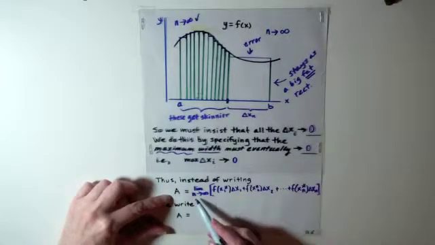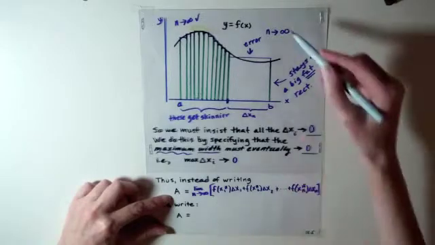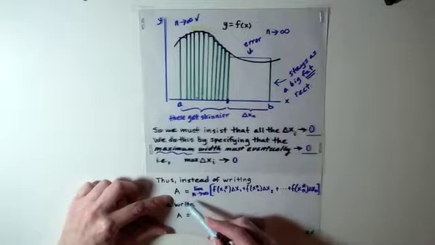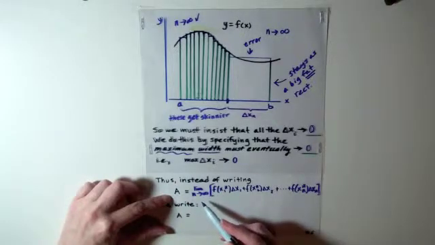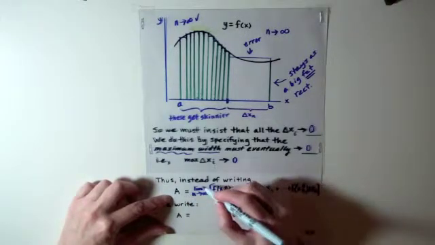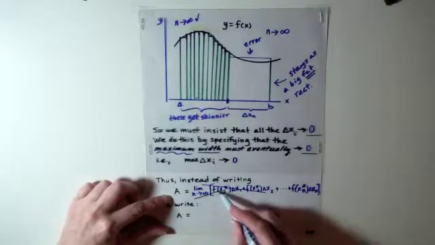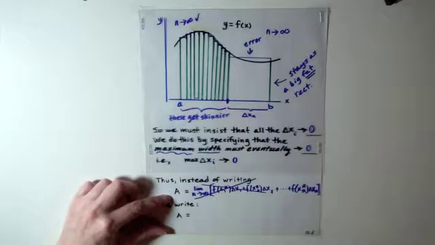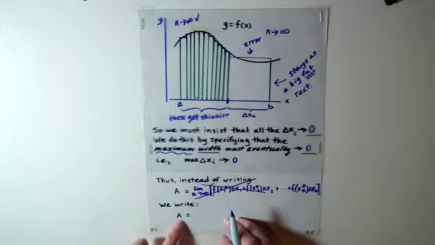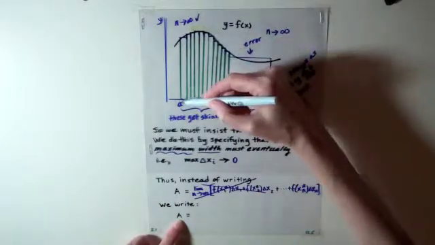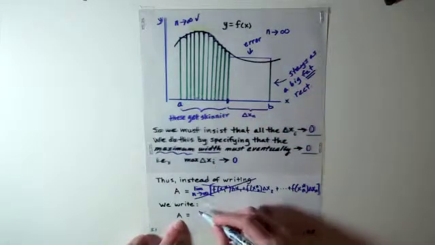We said we can't really just say let n go to infinity. We might get ourselves into a situation like this, and the exact area will not necessarily be equal to this. So this does not work. It really would depend on how the number of rectangles goes to infinity. To make sure that we do end up getting the exact area under the curve all the way from A to B, we have to write the following, and we write it this way.